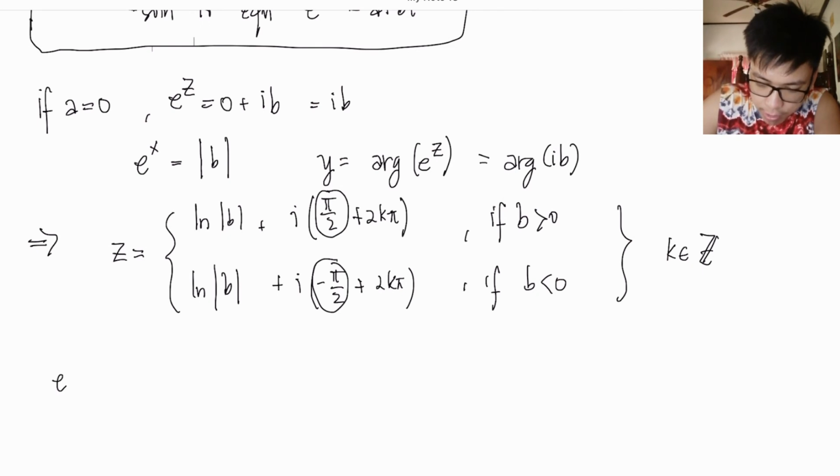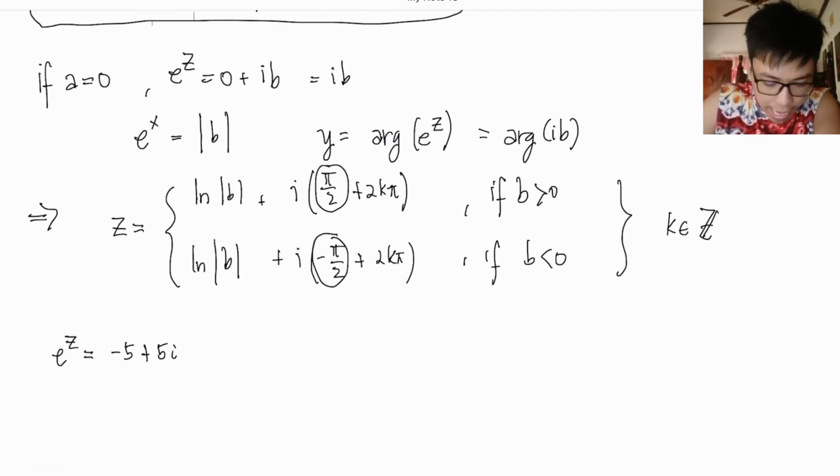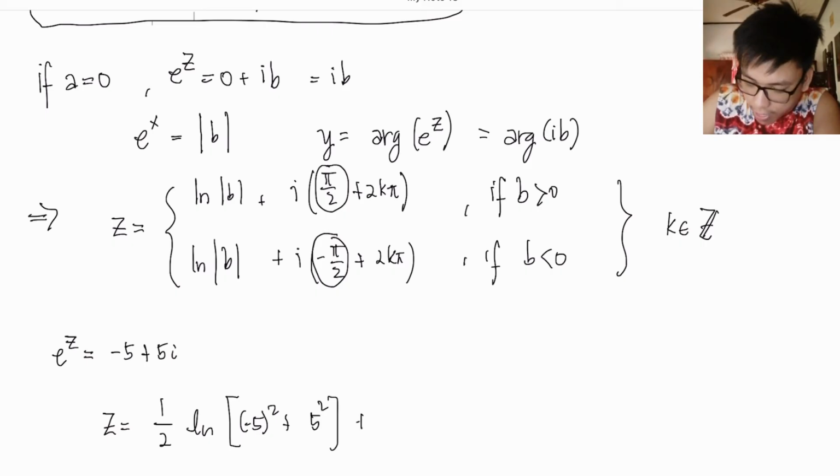Let's say e to the z is equal to negative 5 plus 5i. Okay, so what happened is we will use the formula. By using the formula above, I would have z equals 1 half ln of negative 5 squared plus 5 squared, plus i tangent inverse of 5 over negative 5.